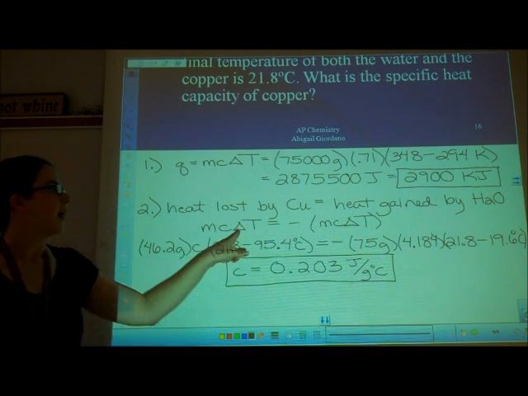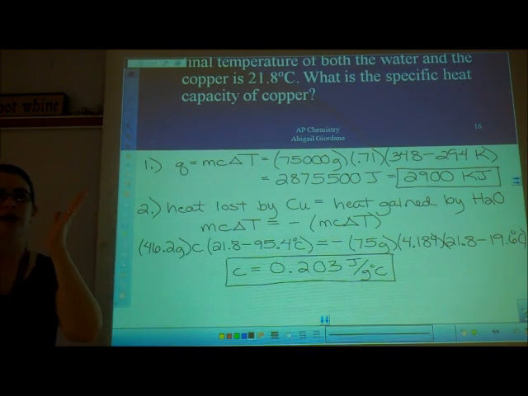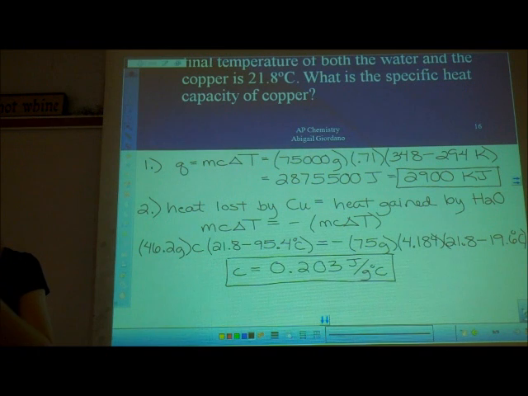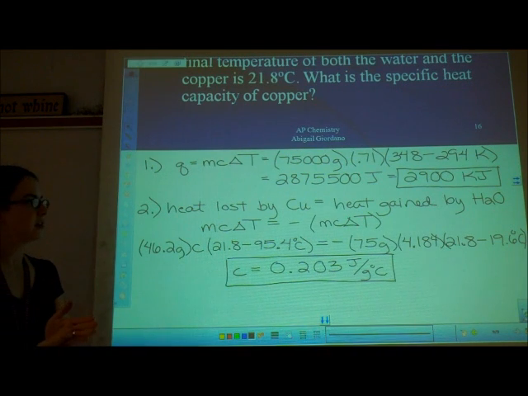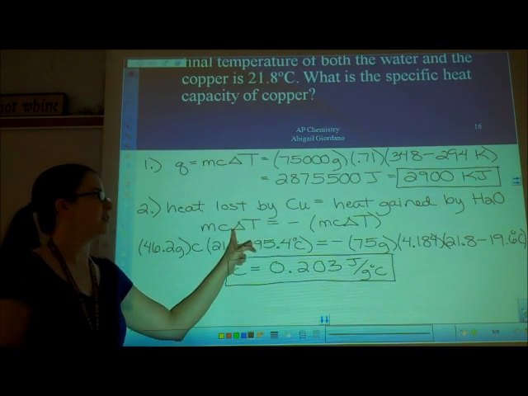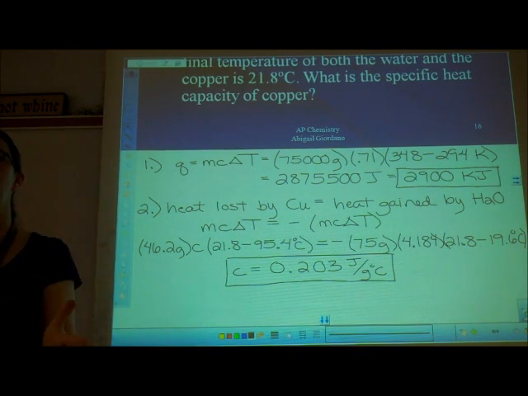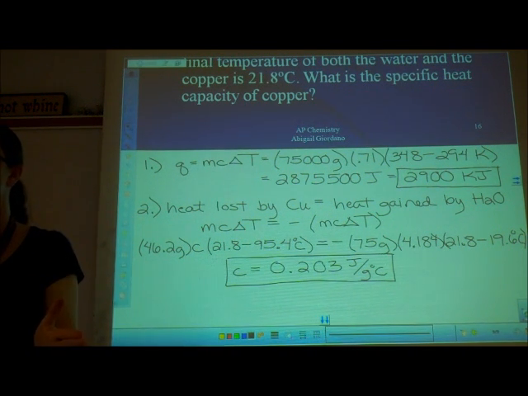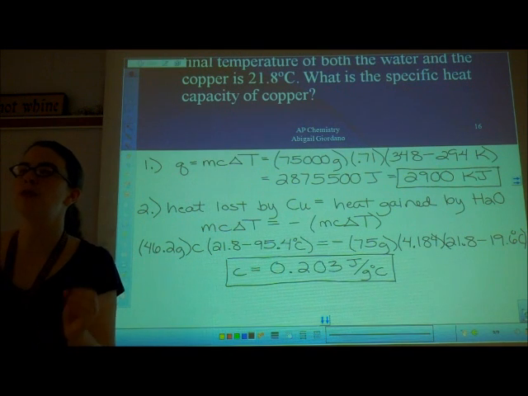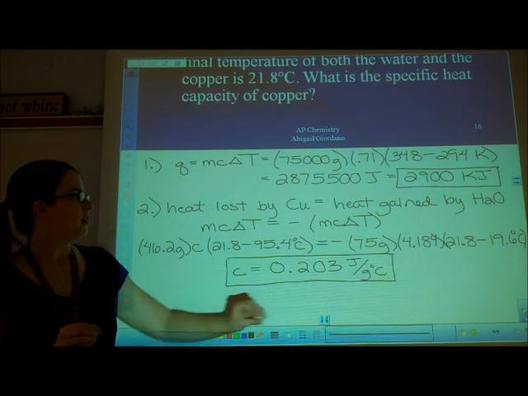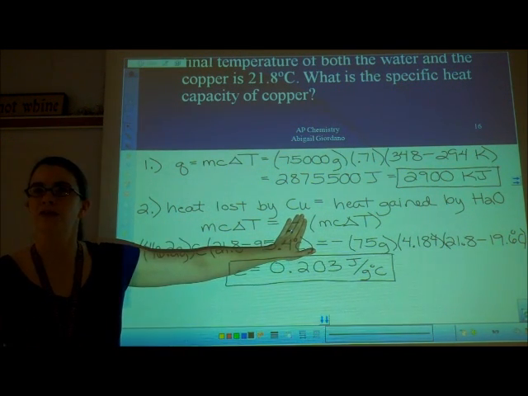Because they do not have as a hard and fast rule that delta T is final minus initial. The way that your textbook does it is they always have delta T as the absolute value difference between the two temperatures. If you prefer that way, then you can ignore that negative.